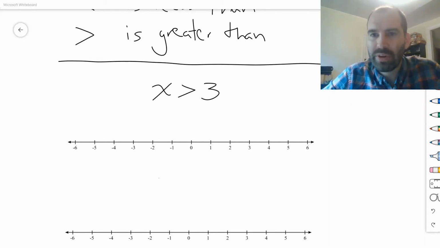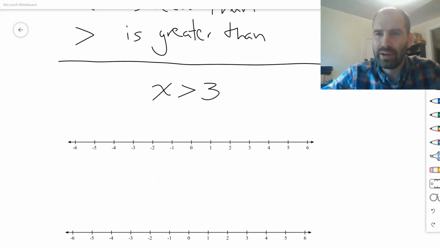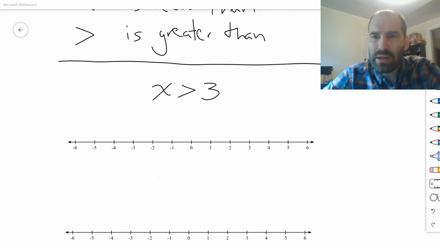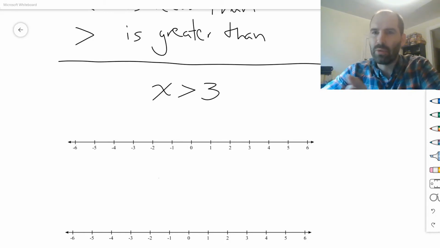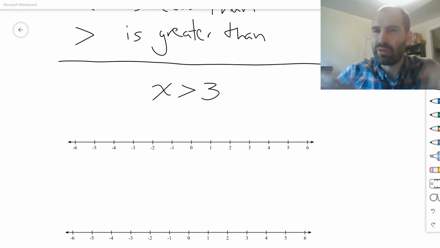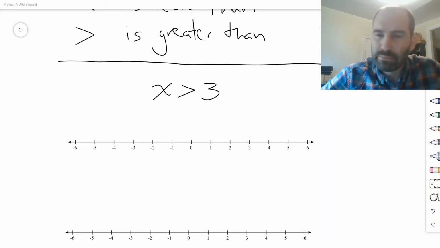I want to talk about what this means graphically. But first, what does it mean conceptually? To be greater than 3 means we are more than 3. We know what numbers are greater than 3, like 4 and 5 and 6, but also 3.5, 3.1, 3.0001. These are all greater than 3. As long as we're more than 3, we're fine.